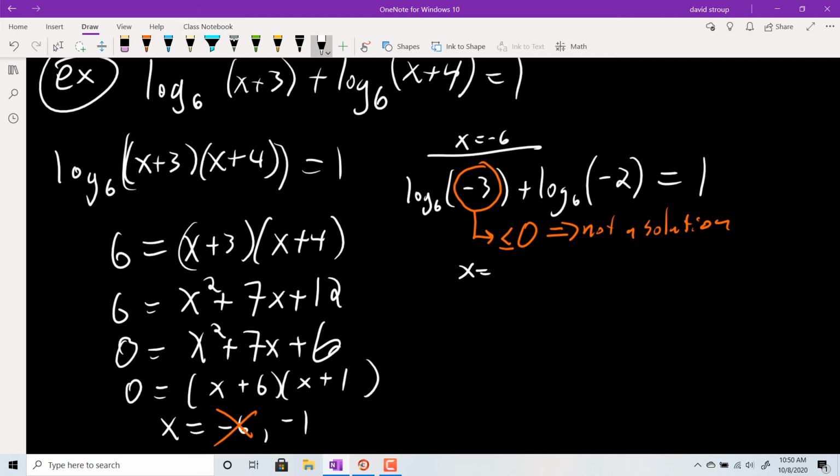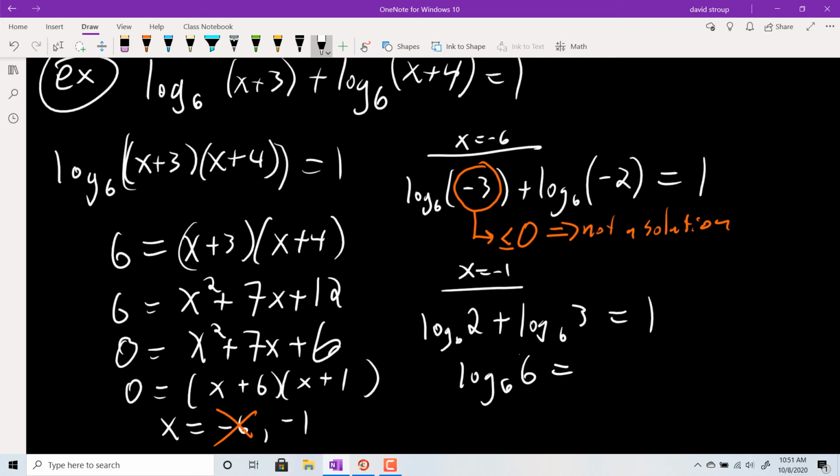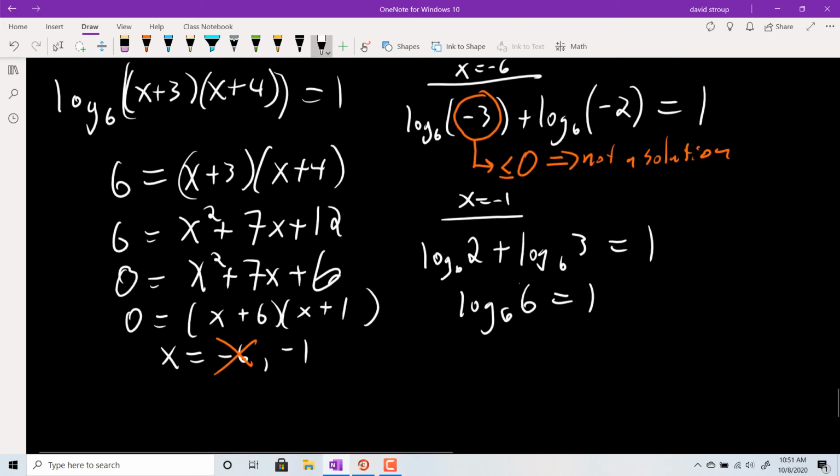Let's go on to the other guy, negative 1. So here we have log base 6 of negative 1 plus 3 is 2, plus log base 6 of negative 1 plus 4 is 3, equals 1. Then because the 2 and the 3 are positive, you can use the product rule to rewrite this as log base 6 of 6. And if you look above at that one that didn't work, if you did the product rule, it would seem to work, right? It would be log base 6 of 6. The problem with that is you've not fulfilled the restrictions, the constraints.